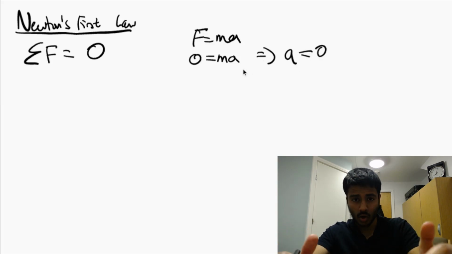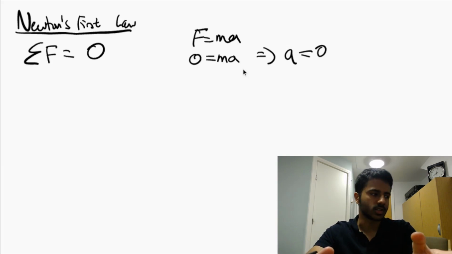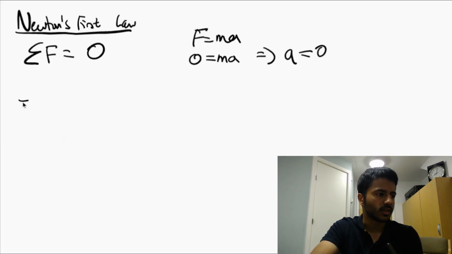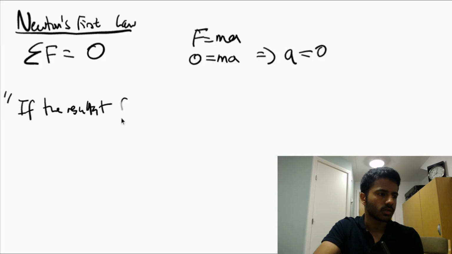So when there's no resultant force acting on a body, there will be no acceleration. And what that means is, if the resultant force is 0, acceleration will be 0.